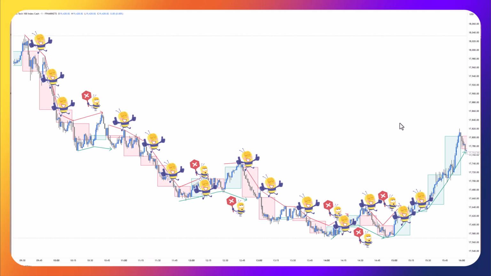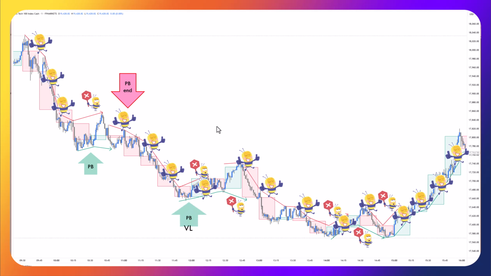So then here again, we have this happy bee. You know that this is the start of a pullback in the higher time frame, and you can see it in the lower time frame here as well. At the end of the pullback, you can just look for a sell again.